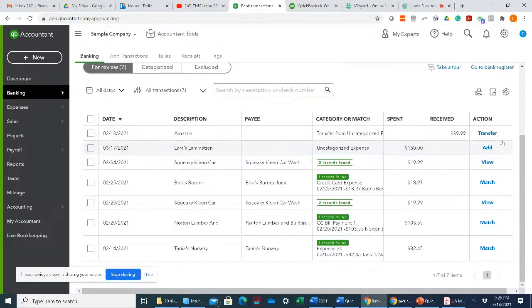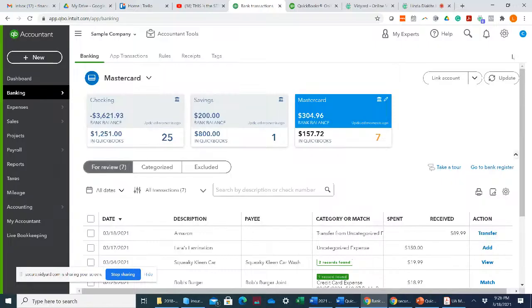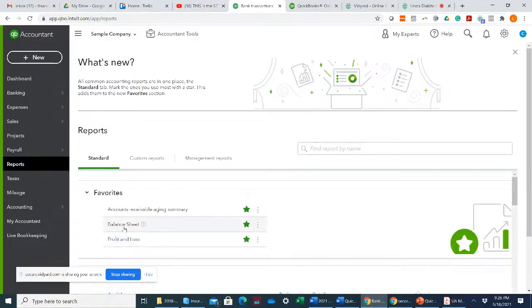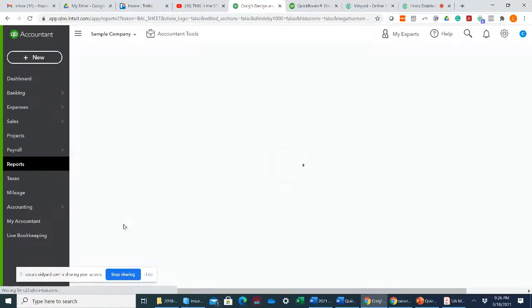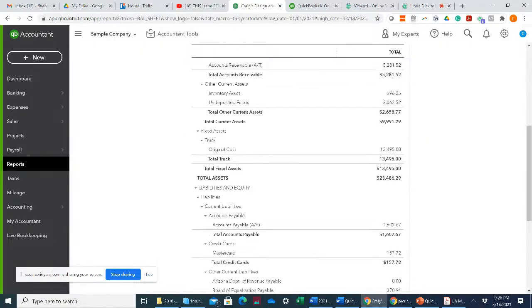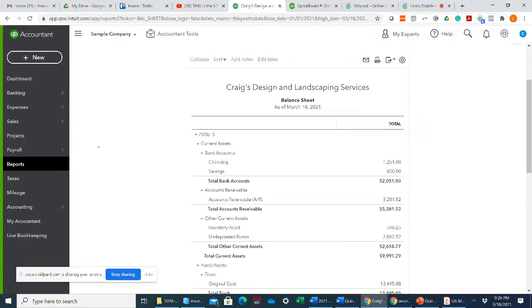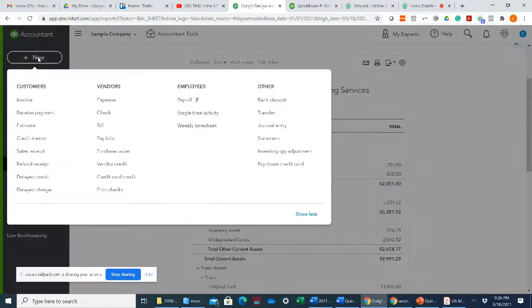So that's for transfers. Now I want to talk about owner's equity. I'm going to go to the balance sheet and hopefully this sample company has owner's equity. So that's at the end of the balance sheet, and it does not. So let me do this.